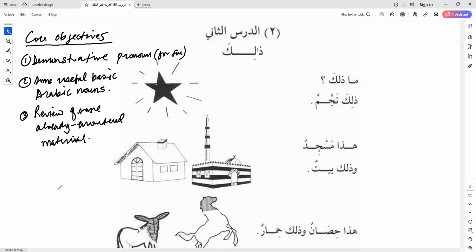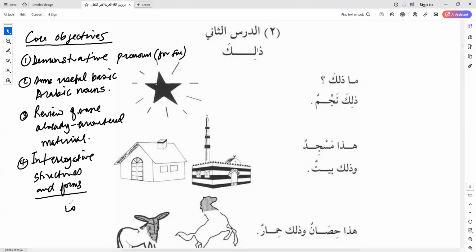And then we're also going to be practicing interrogative structures and forms. We're going to learn how to ask questions.